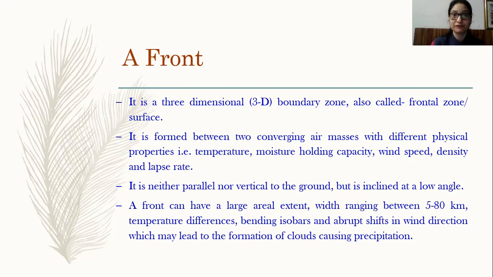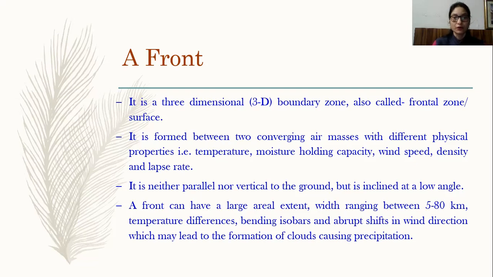All this has been given to you as a video lecture, so I will not give a lot of detail about air masses, since it has already been covered. In this lecture, let us concentrate on fronts and the processes of frontogenesis and frontolysis, what they mean and how they are defined.